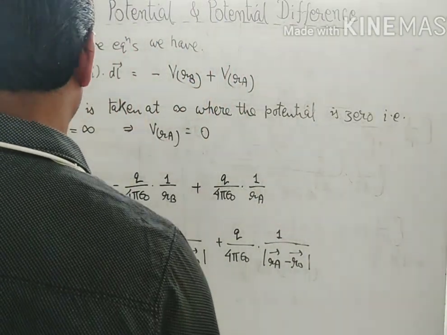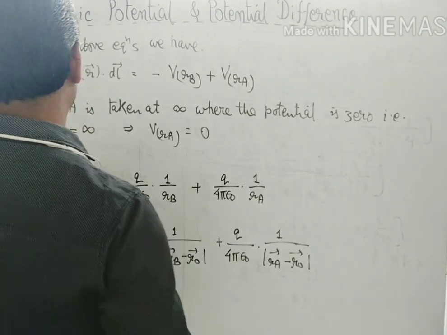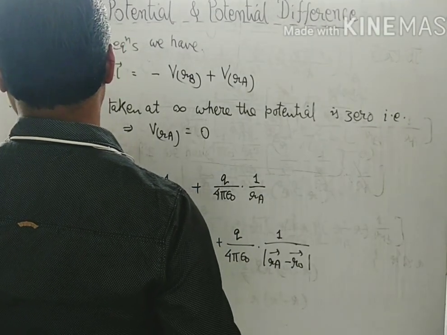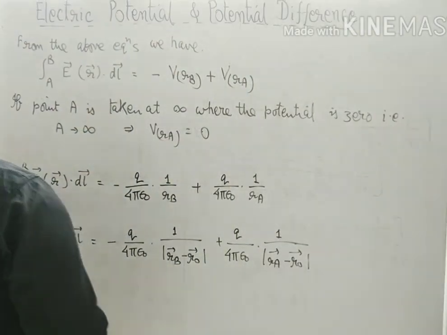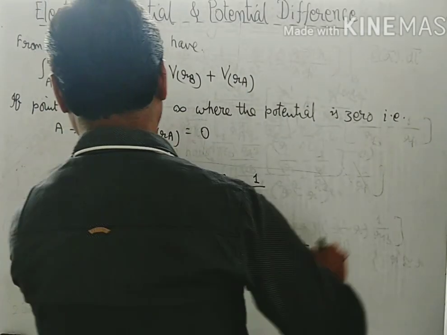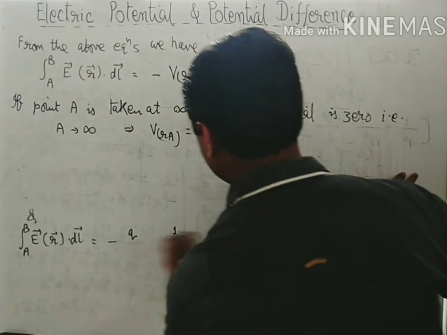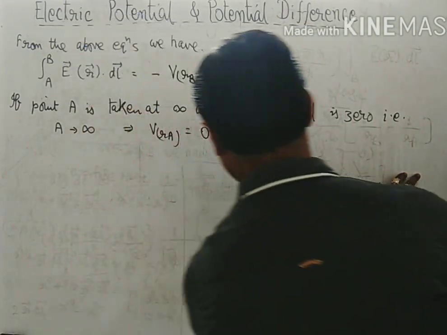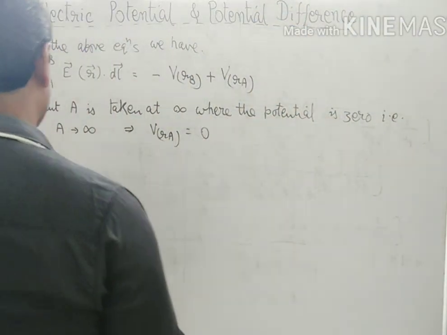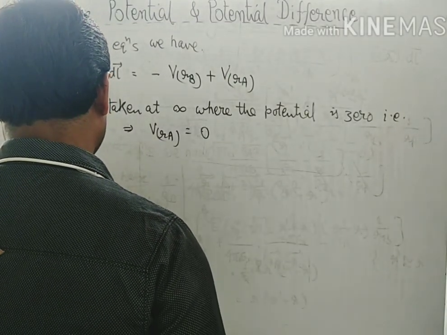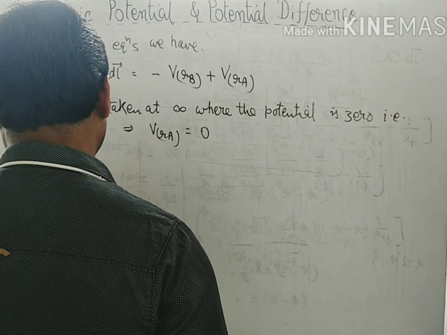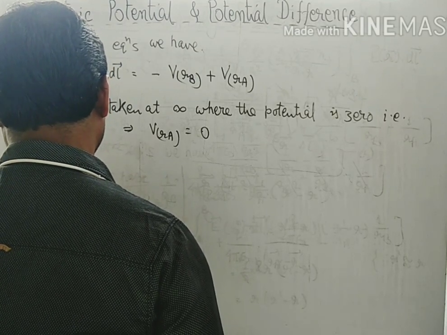So we have A at infinity, and here we can write this as the integral from infinity to B.